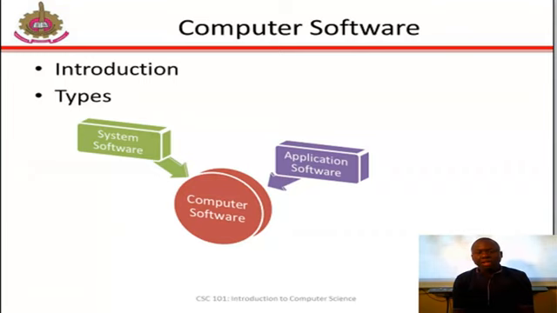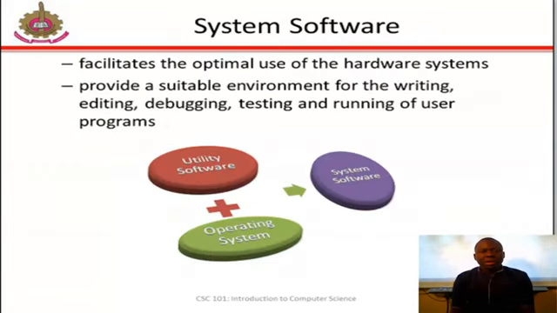Now let's go to the types of computer software. There are two: system software and application software. Now let's take system software. This refers to the suite of programs that facilitates the optimal use of the hardware system and/or provide a suitable environment for the writing, editing, debugging, testing, and running of user programs.